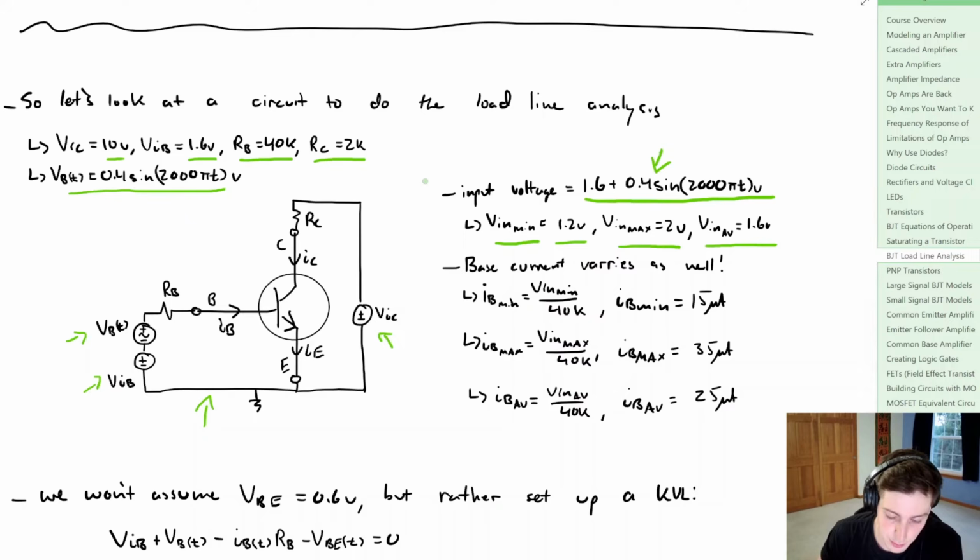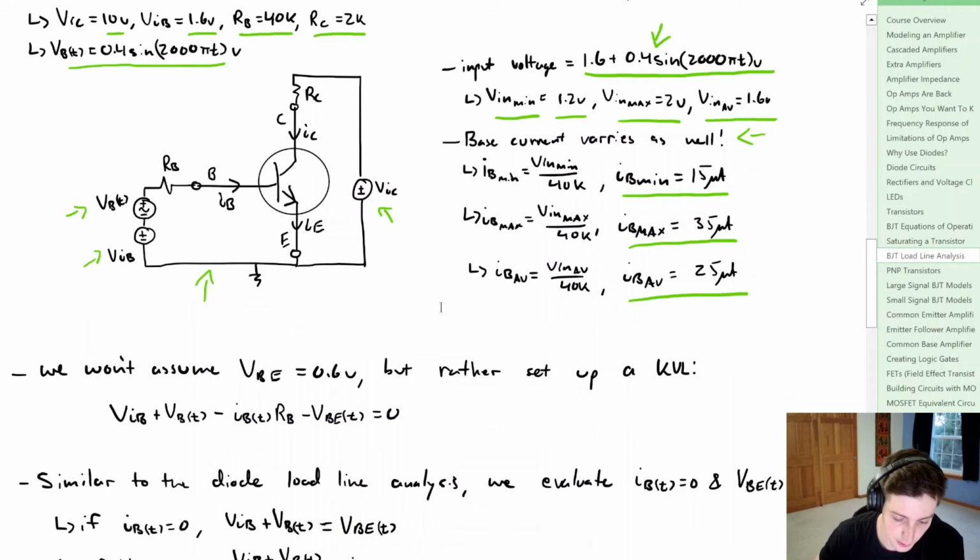Since the input voltage will vary, we would expect the base current to vary as well. By simply going through the calculations with our values, we find a minimum base current of 15 microamps, a maximum base current of 35 microamps, and an average base current of 25 microamps. For this analysis, we're not going to assume that VBE is equal to 0.6 volts, but rather we're going to set up a KVL.